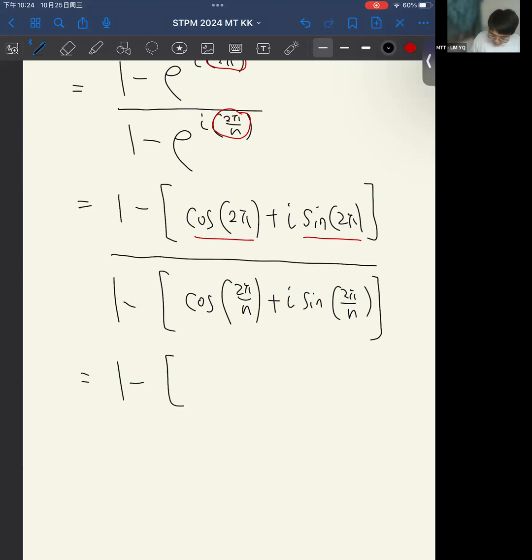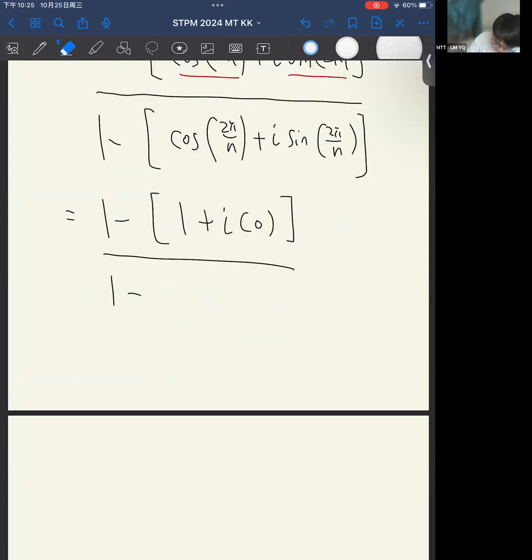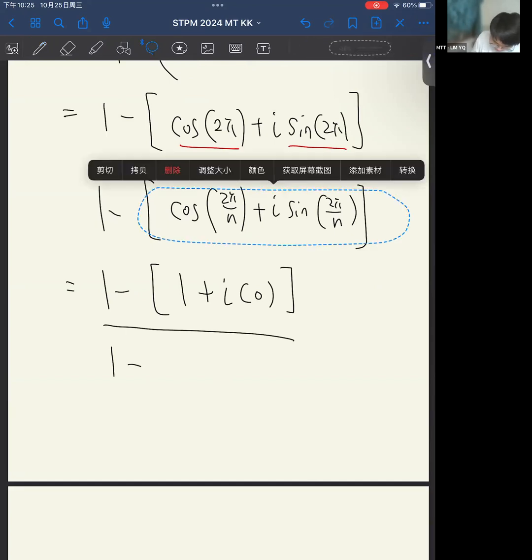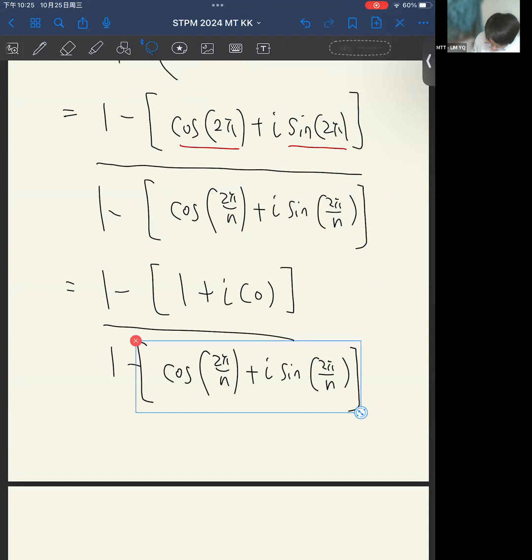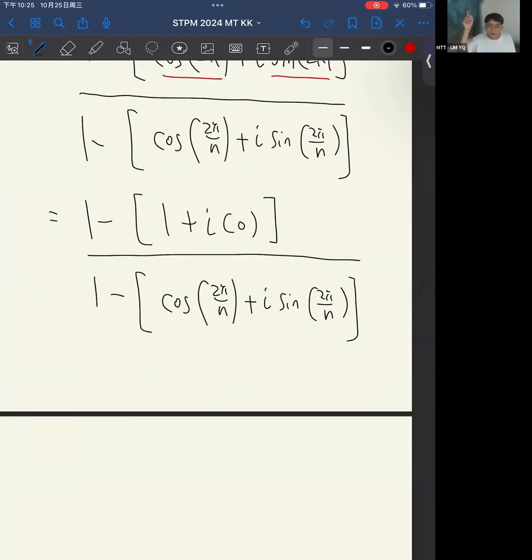So 1 minus, in the bracket here, is 1 plus i multiplied by 0. 1 minus this one, you don't need to care what it is. I will say you don't care about this also, never mind, so just copy and paste only. We just want to show that the upper part is 0, then the whole thing is 0, right? Now 1 minus 1, the upper part already becomes 0, correct? So 0 over this thing, and the whole thing will still equal 0. And then we are done. We have already shown it.